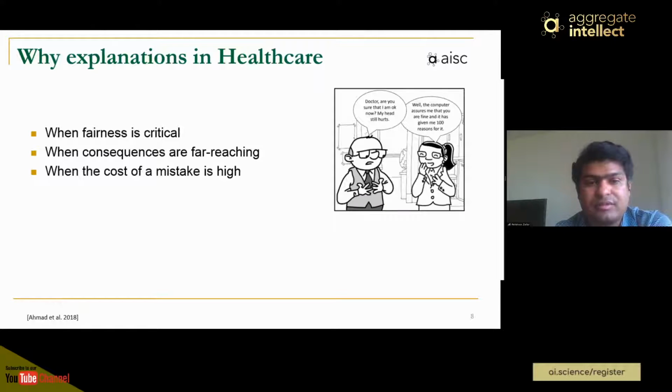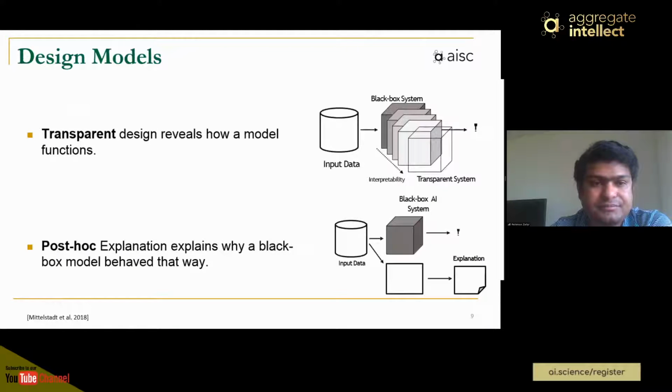So it should provide some authentic reason why the algorithm is saying you are fine, right? In healthcare this is also important because the consequences can be far-reaching, like someone can die from a wrong decision. That's why explainable models are more important in healthcare.